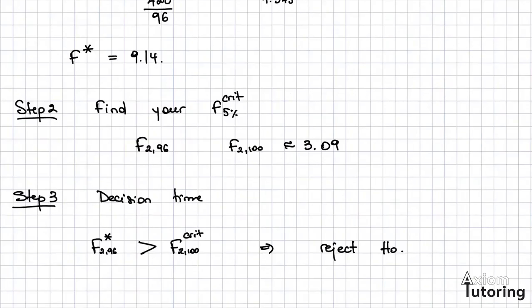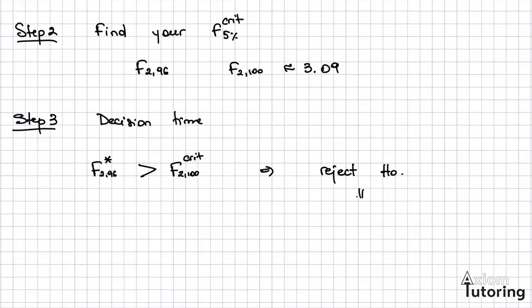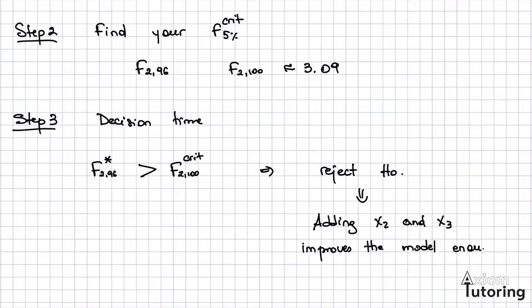What rejecting the null hypothesis means, so the interpretation, is that adding x2 and x3 improves the model enough to justify extra complexity.